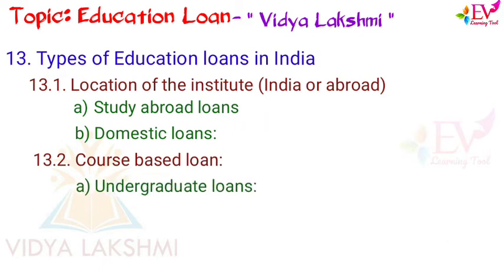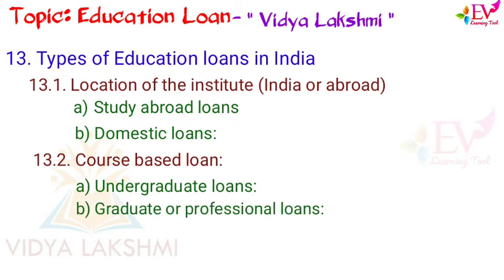These loans offer financial support for pursuing undergraduate degree programs. B. Graduate or professional loans. These loans are designed for applicants who want to pursue postgraduate studies or other professional courses. C. Career loans. Such loans help applicants pursue career-oriented programs and certification courses.